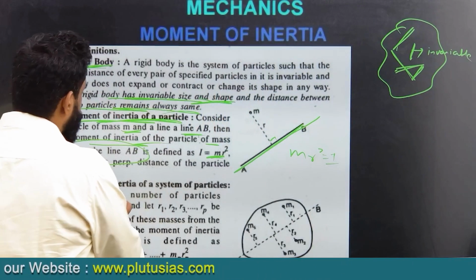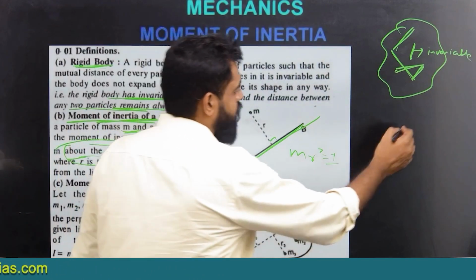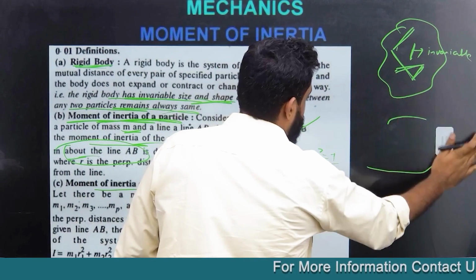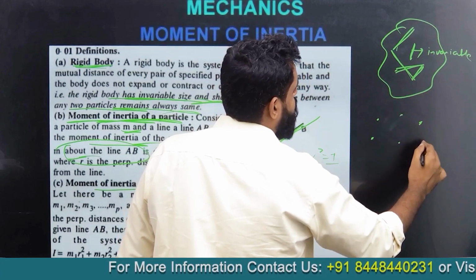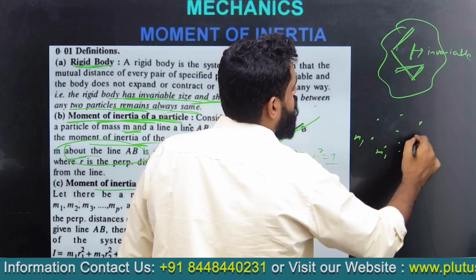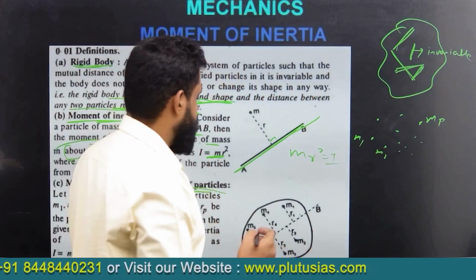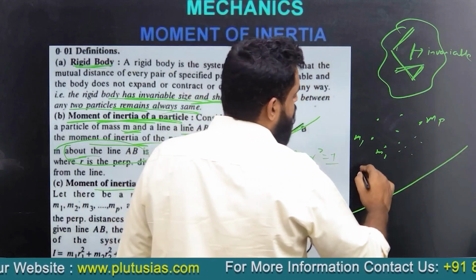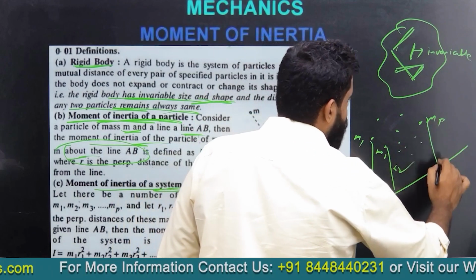Now the moment of inertia of a system of particles. Suppose there are many particles in space, say m1, m2, up to mp, and their perpendicular distances from a line are r1, r2, rp.